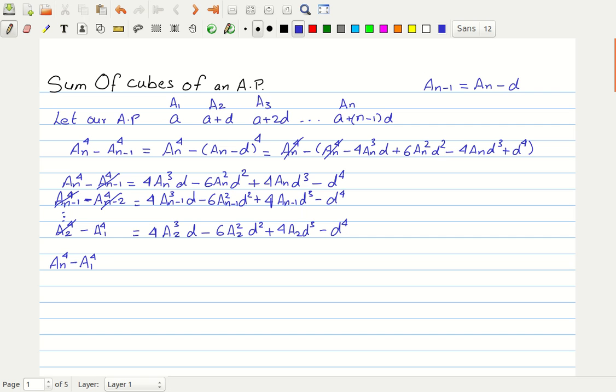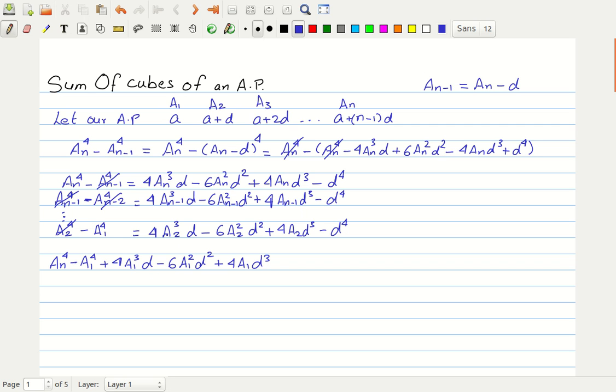Now to this expression I also add 4 a1 cube d minus 6 a1 square d square plus 4 a1 d cube. I add all the rows on the left hand side, and then I add these three additional terms.